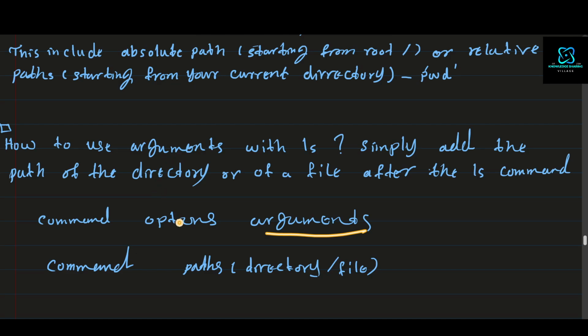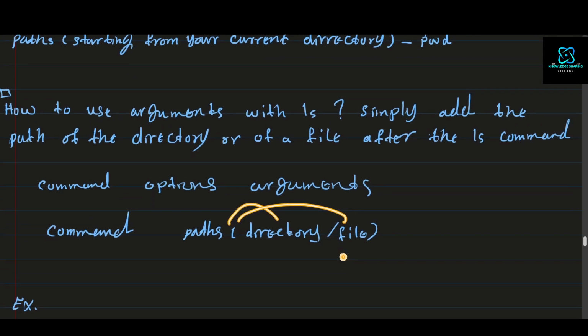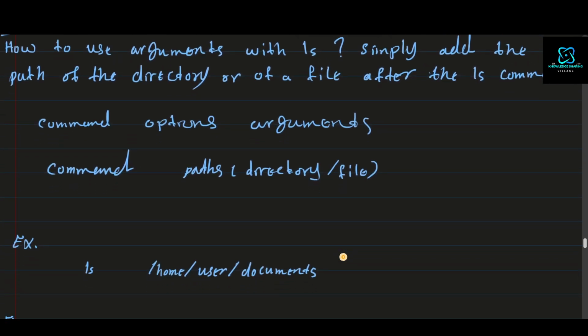The topic of this section is using only arguments with the ls command. So we are using this syntax. First we write the ls, then we pass the argument. This argument can be a directory or a file. Here is an example.